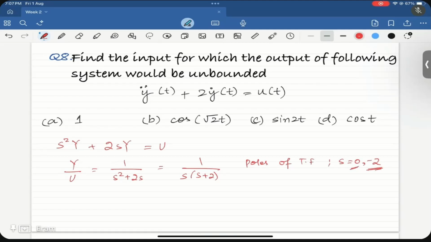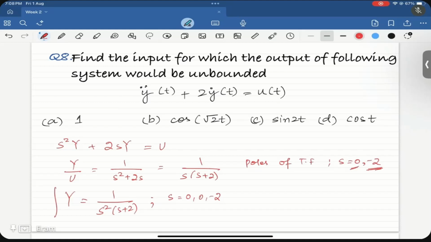So for this system, how can we repeat the pole at the origin? If we are able to make our Y like this, the poles will be at 0, 0 and -2, unbounded, right?